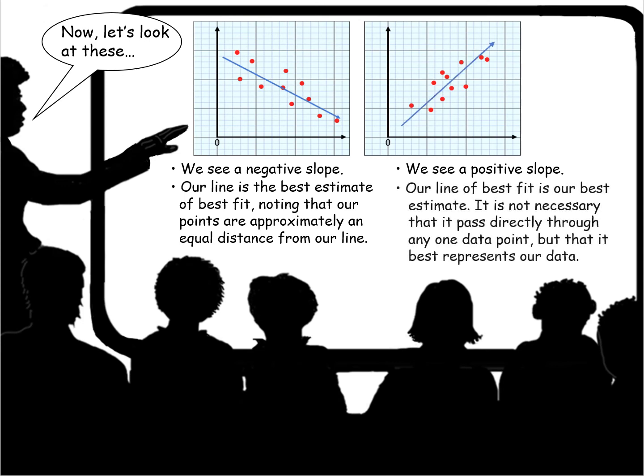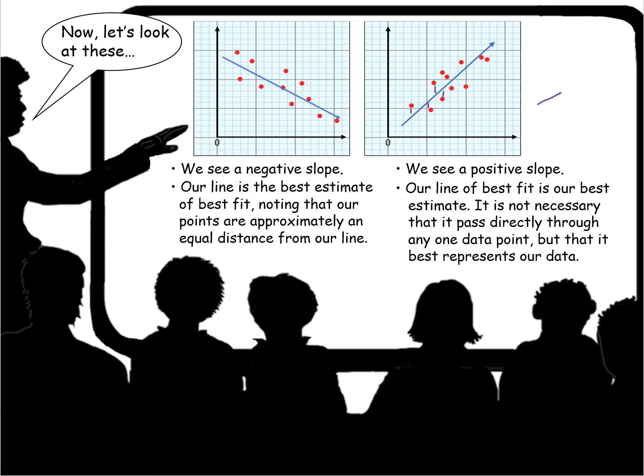And on the right side, we see this is a positive slope. Our line of best fit is our best estimate. It's not necessary that it passes directly through any particular data point, but that it best represents our data. So as you can see here, we're pretty darn close to assuring that our points are approximately an equal distance from the line.